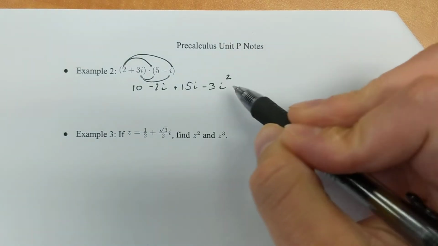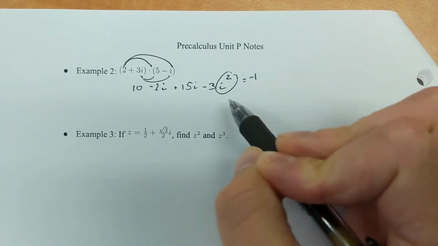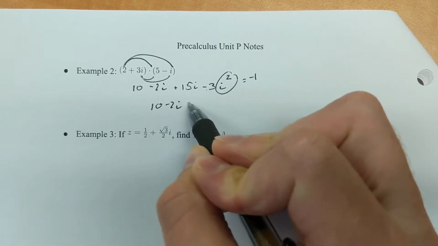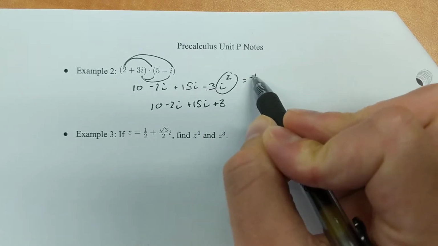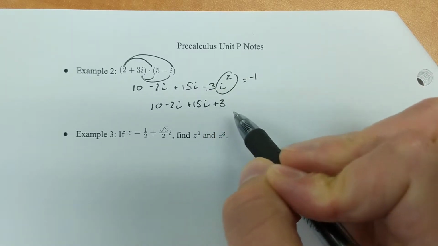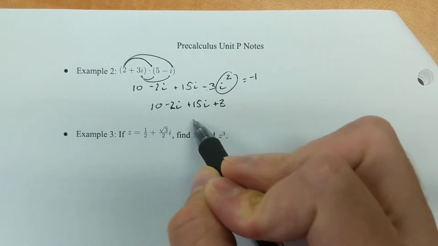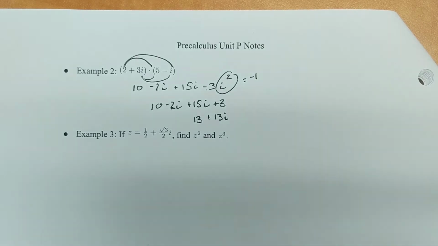Now, the thing is, this i squared is equal to negative 1. So this is actually negative 3 times negative 1. So that's 10 minus 2i plus 15i plus 3, because this negative 1, when it multiplies with the negative 3, flips the sign. And now I do my like terms. 10 plus 3 is 13, and that is 13i.